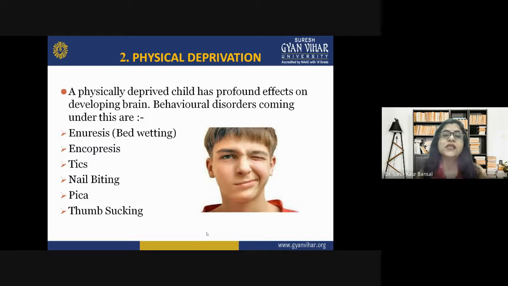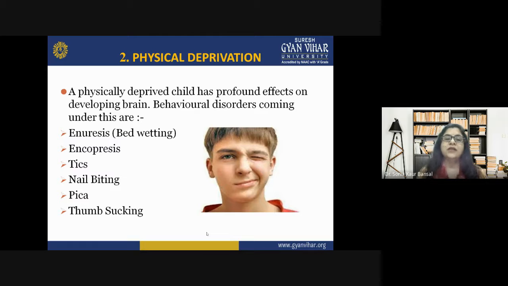Now, what is physical deprivation? A physically deprived child has profound effects on the developing brain. Behavioral disorders coming under this are neurosis, like some children doing bedwetting at an elder age, encopresis, tics, nail biting, pica, and thumb sucking.